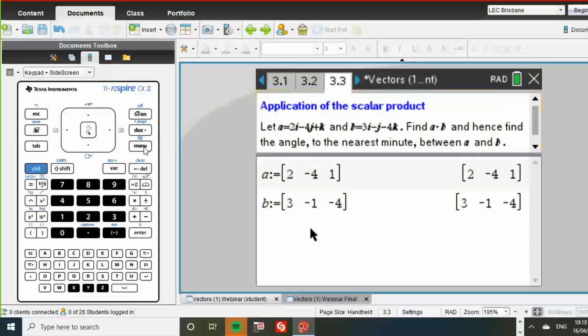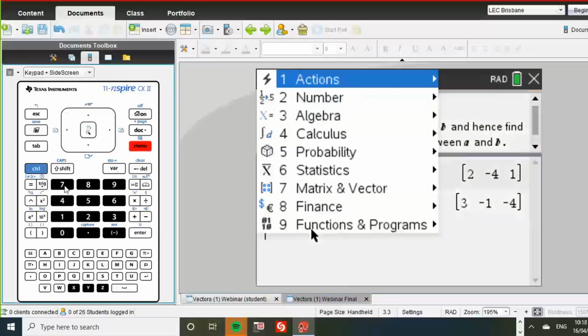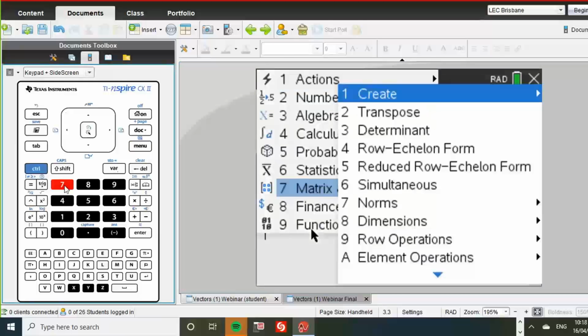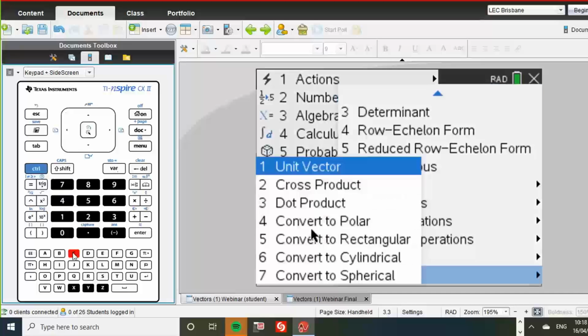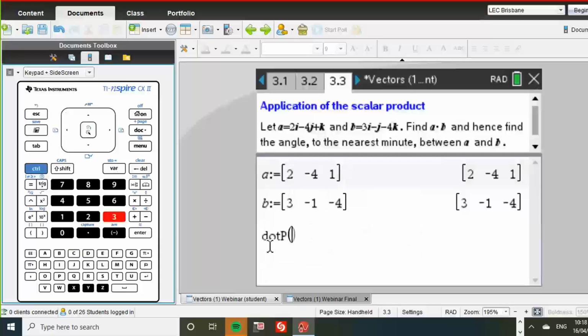So we press menu, 7 for matrix and vector, then C for advanced vector operations, and then 3 for dot product. There's our dotP. The syntax for this is simply vector A, comma, vector B. Press enter, and that's the value for the dot product.